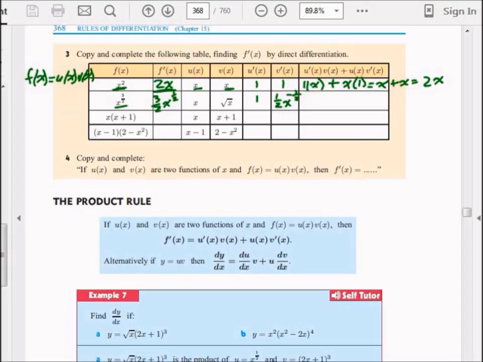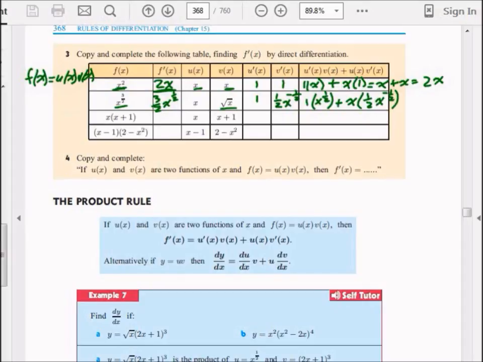And then when we take a look at this, we've got u dash of x, derivative of u, which is 1, multiplied by v, which is root x, x to the power of 1/2, plus u, which is x, multiplied by the derivative of v, which is the 1/2 x to the power of negative 1/2.